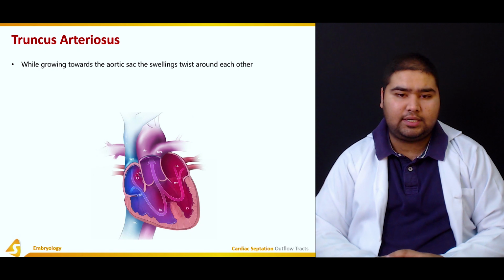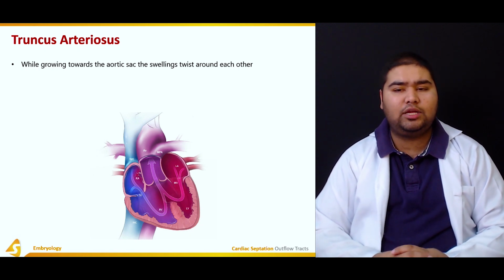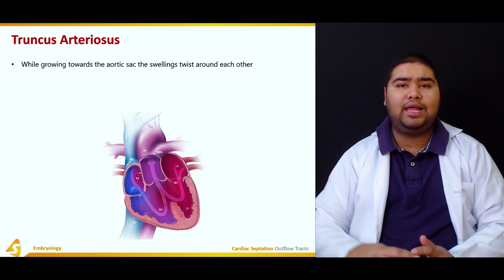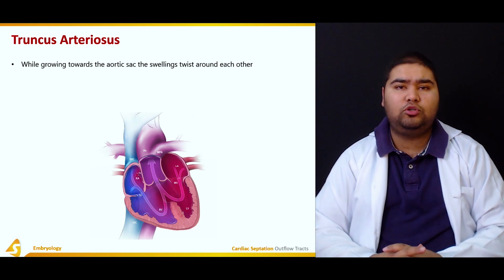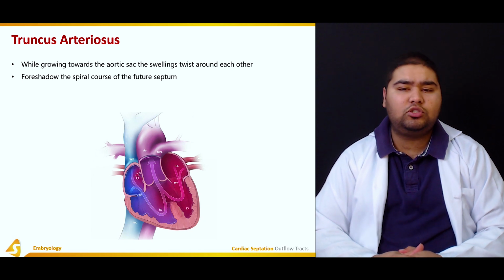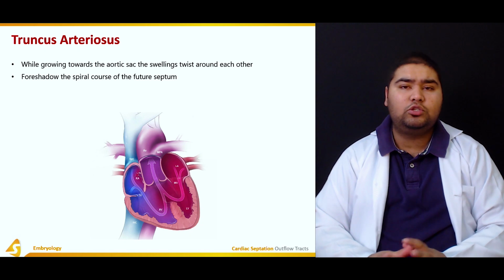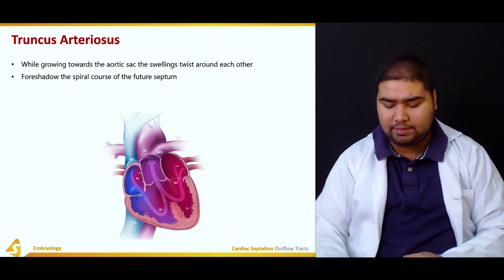So while growing towards the aortic sac, these swellings twist around each other. They foreshadow the spiral course of the future septum. Since the future septum is spiral, they are foreshadowing its course.